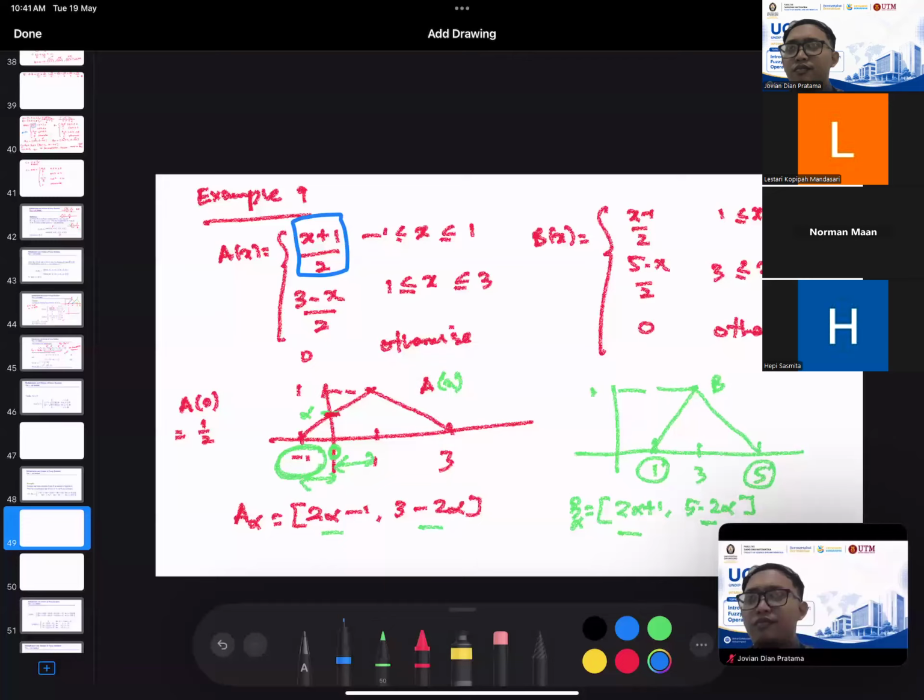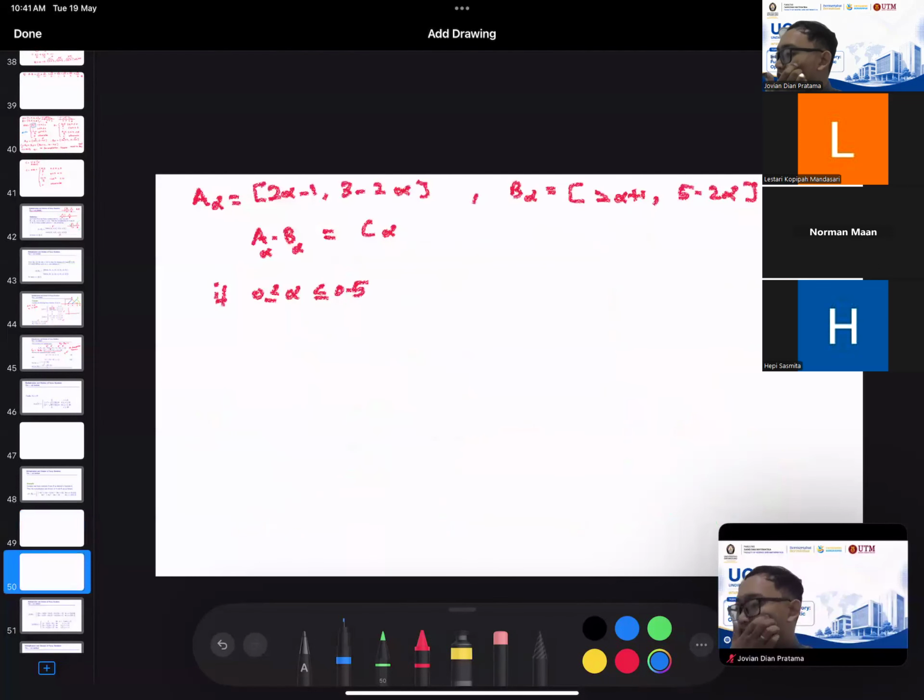We need to consider alpha equal to 0 and alpha equal to 0.5, which give different combinations of multiplication.